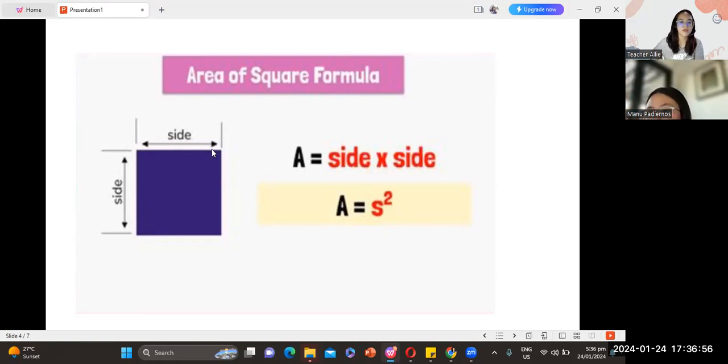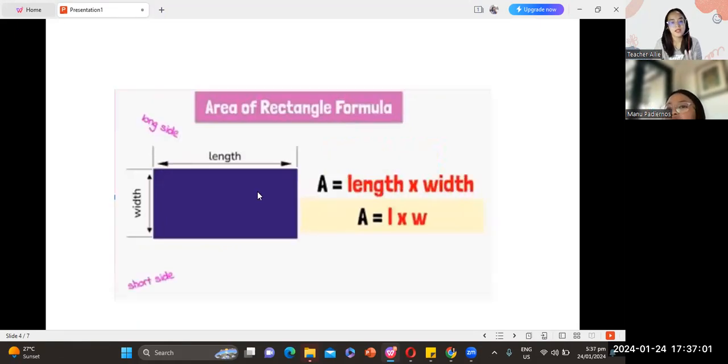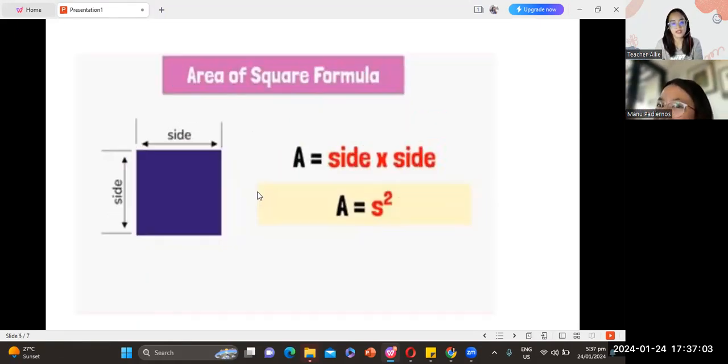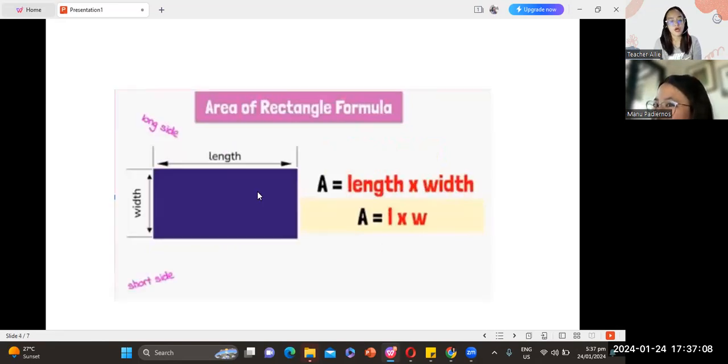Now, later I'm going to show you an example of this. But for now, let's talk about the area of a rectangle formula. It's different from a square because a square has equal sides, but a rectangle does not.